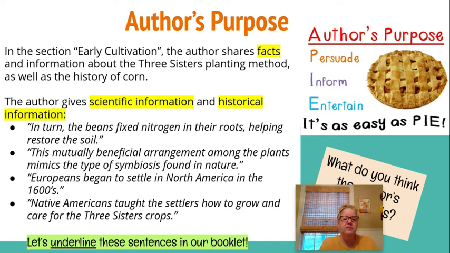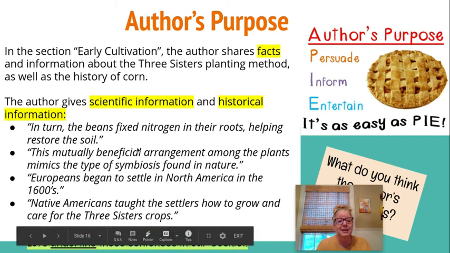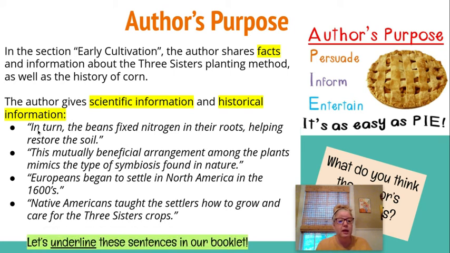So the author gives us scientific information and historical information. Okay, history and science. So let's find and underline a few of those sentences in our booklet. The first one is scientific information. It says, in turn, the beans fixed nitrogen in their roots, helping restore the soil. So let's underline that sentence. That's a scientific fact.